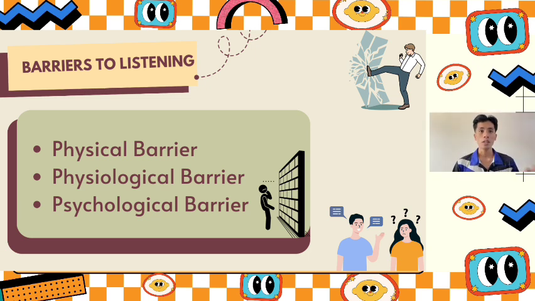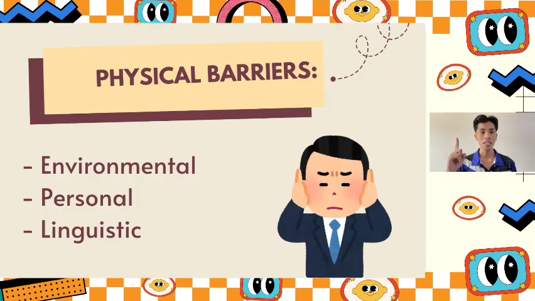There are three different types of physical barriers. First one is environmental barriers. These are physical conditions in the listening environment that impede the transmission or reception of sound.